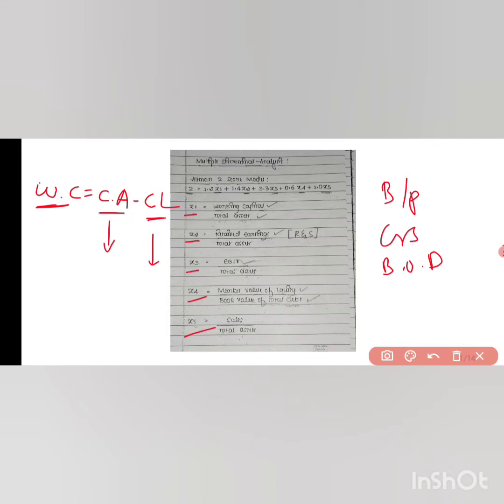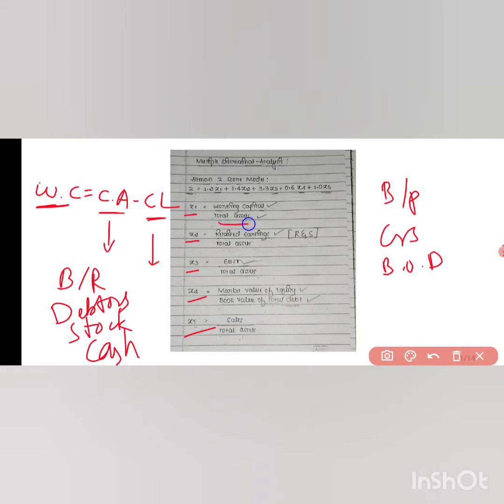Current assets are like bills receivable, debtors, stock, cash, right? All these are your current assets. So if you deduct the value of current liabilities from the current assets, you will get the working capital. Okay, I hope you are clear with this.